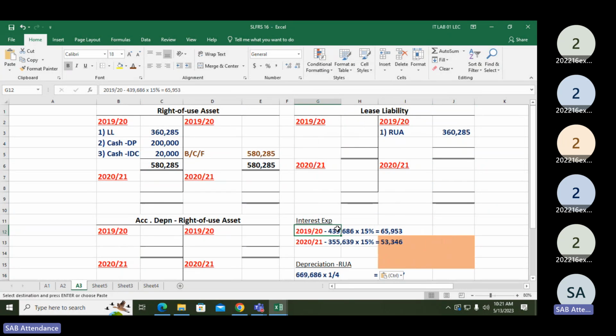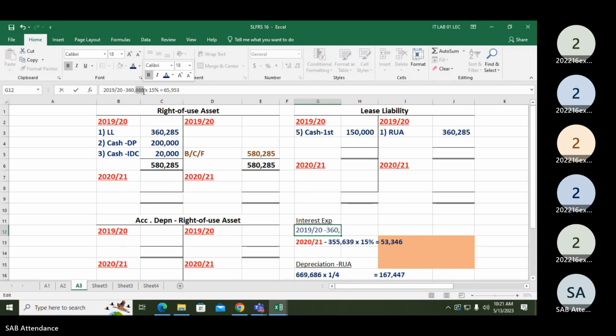Right. So you can calculate the first year installment. We pay installment 150. Then you can calculate the interest included in that installment. So lease liability 360,285 multiplied by 12%.